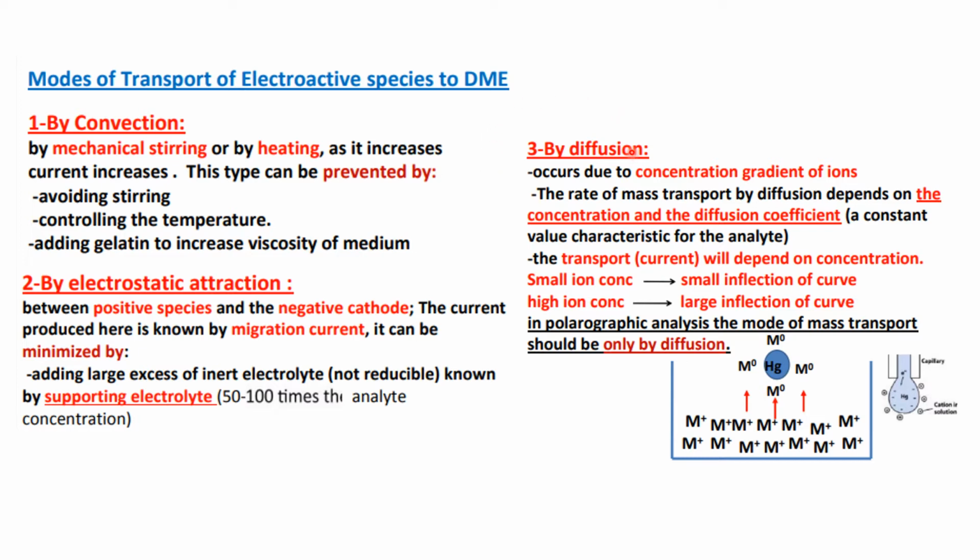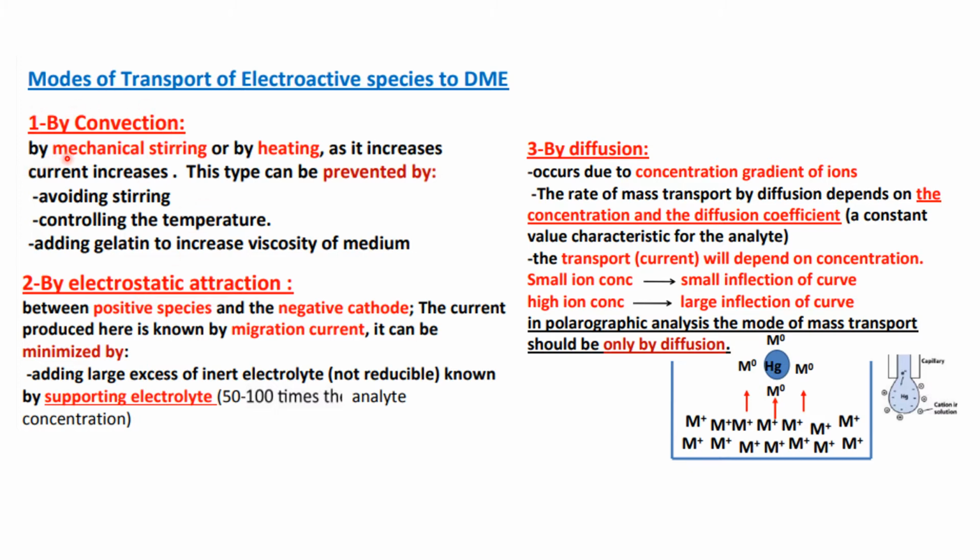That is, the current that we obtain is solely the diffusion current. That means we are eliminating the possibility of other currents, like convection or electrostatic attraction, and the method by which we eliminate these currents is very important, because that can also be asked as a question regarding polarography. Take convection current first.